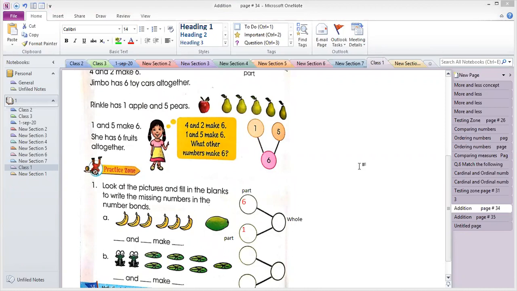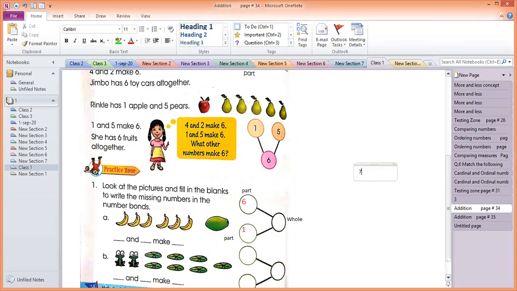Why 7? 6 plus 1. 7, because they are in total 7. If you count all, 1, 2, 3, 4, 5, 6, and 7. So they are in total 7. In the whole, you need to write the total. So the total is 7, right? So you will write 7.